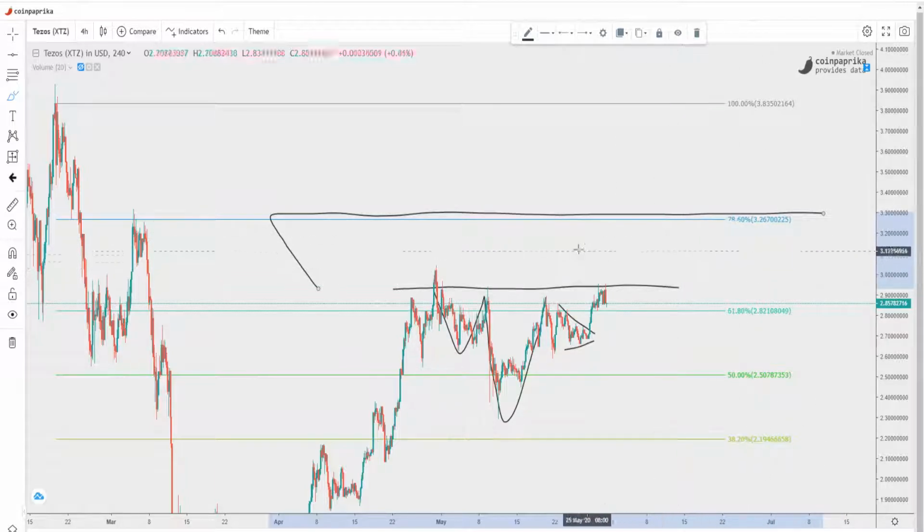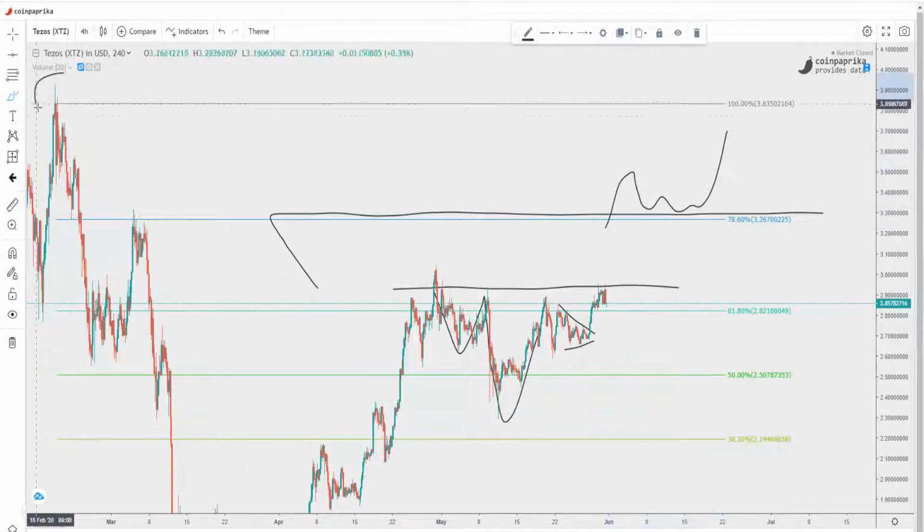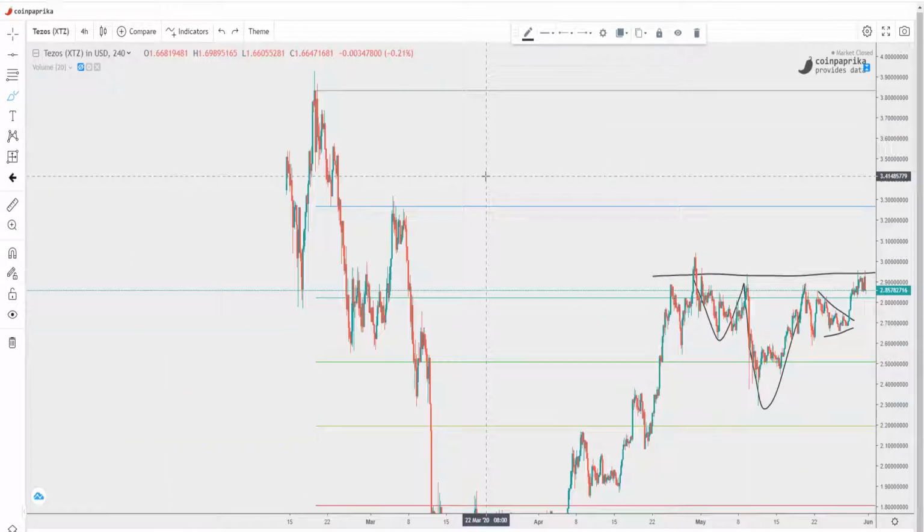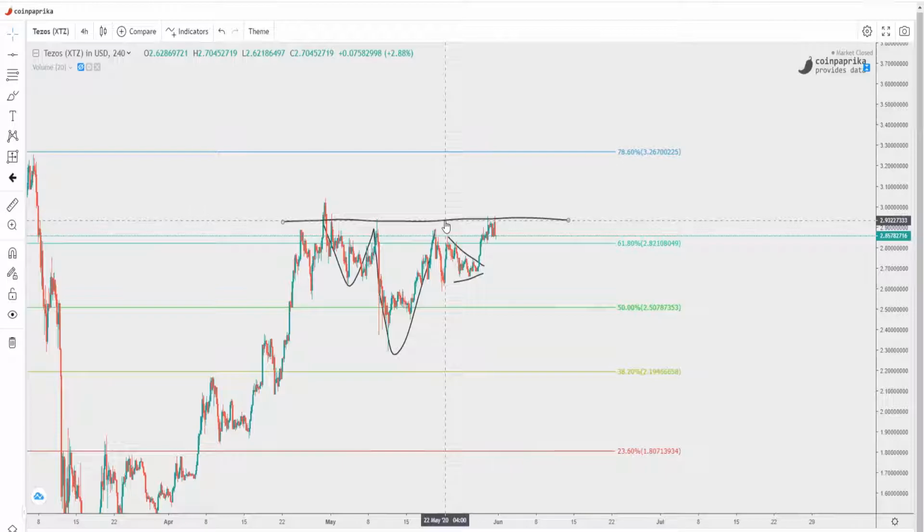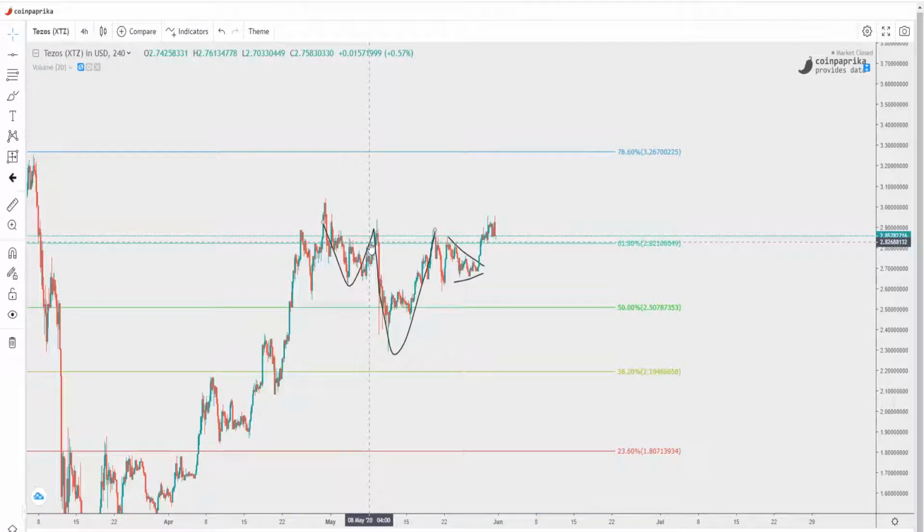Okay, that's a moderate, conservative target for this trade. It can be way higher with a retest before another attempt to take out the previous high, which is our target, our goal right now. Okay, and let's take a closer look here again, just a second.